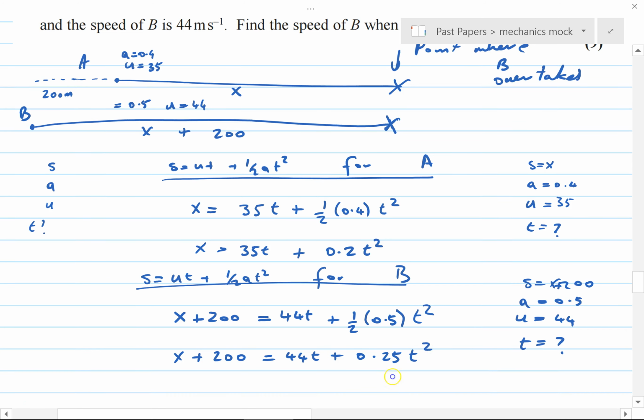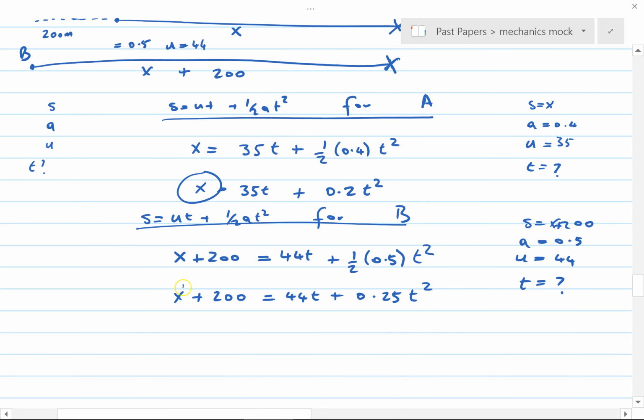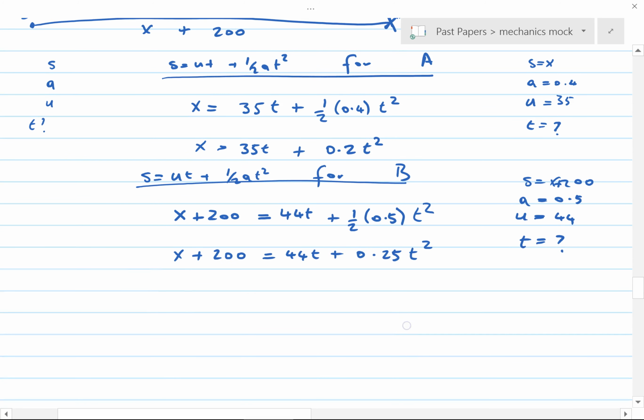Now we can substitute for x there. We can compare the two because one's 200 meters further than the other. So we've got 35t plus 0.2t squared plus 200 is equal to 44t plus 0.25t squared. Okay, so let's take it all over to one side.